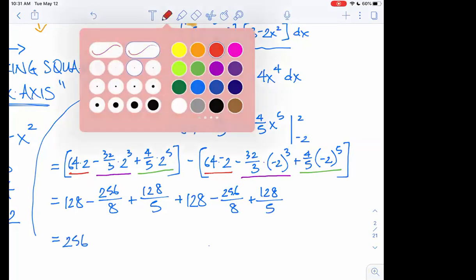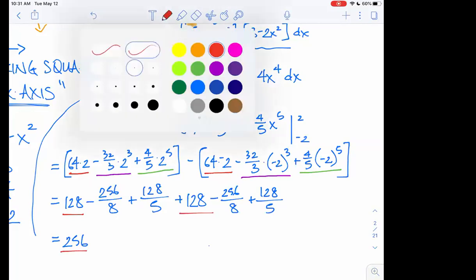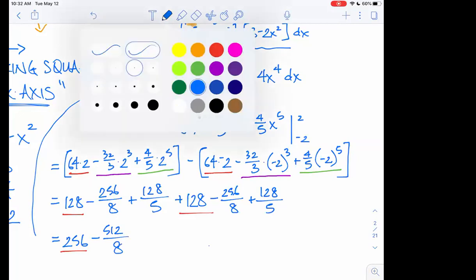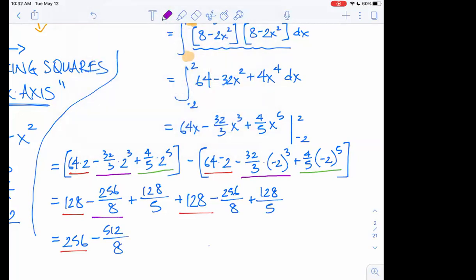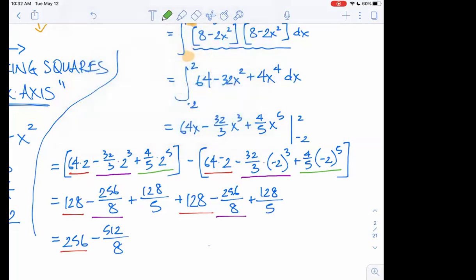So again, this plus this gave me this. And then this will give me minus 512 over 3. And that's because I combined this one with this one. And then last but not least, I'm going to combine the 128 over 5 with this 128 over 5, which is going to give me plus 256 over 5.